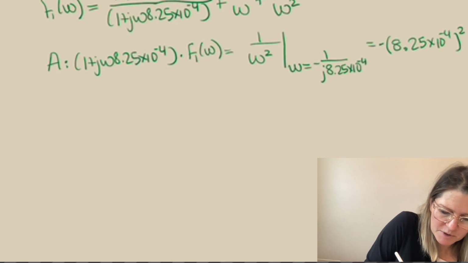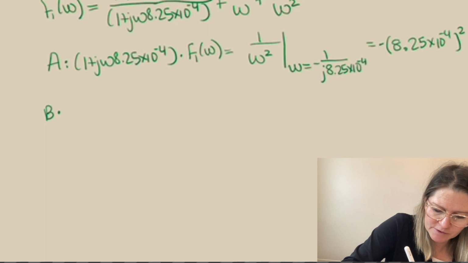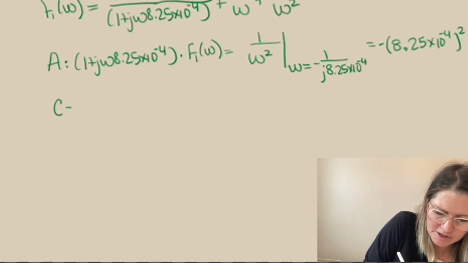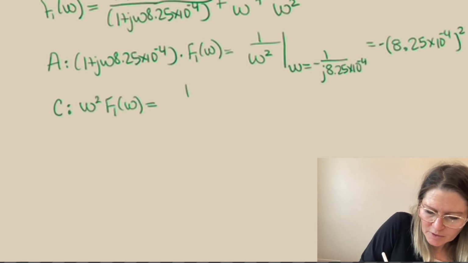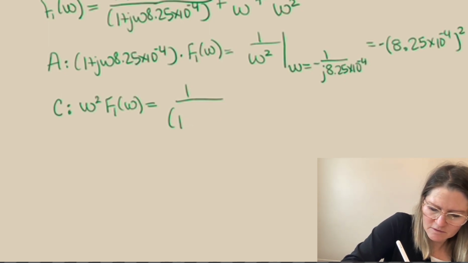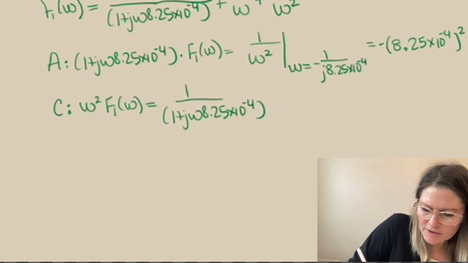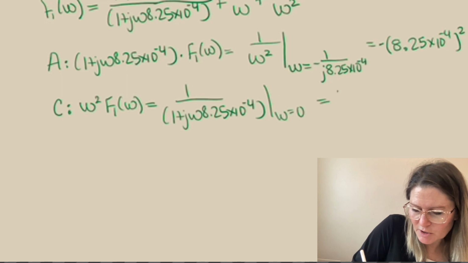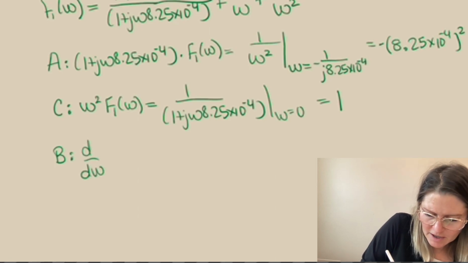And then for B, I'm going to take the derivative, so I'm going to find C first. C is going to be omega squared times F1, which just ends up 1 plus j omega, and then evaluate this at omega equals 0, which gives me 1. And then B is going to be the derivative of that.